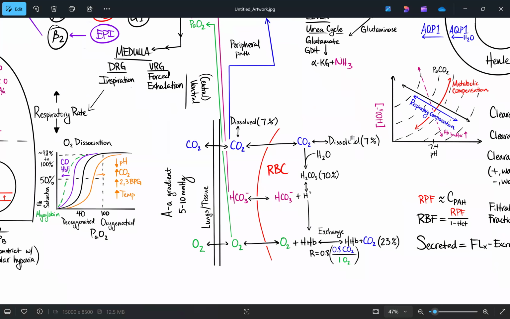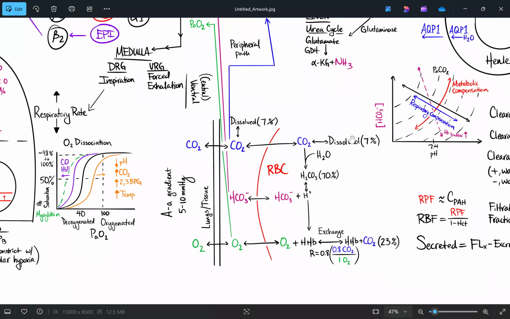When you're 100% oxygenated, you're going to have a lot of saturation, 98 to 100%. 50% will be at about 40, whatever pressure units is for PaO2. So the 40 and 100 are really important numbers to know because you want to know when you're pretty saturated or only half saturated. You can shift that curve through different ways.